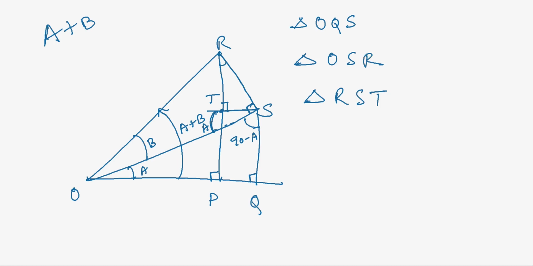This is a right angle triangle. This will be A also. So this will be useful for our A plus B proof. Okay. So you want me to draw again, or you're okay with this?